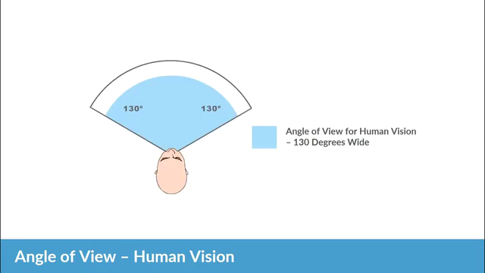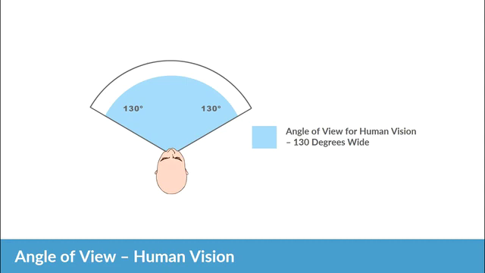The actual angle of view of human vision is 130 degrees wide. So when we look straight forward, every human, without moving our heads, will see an angle of view that's 130 degrees.